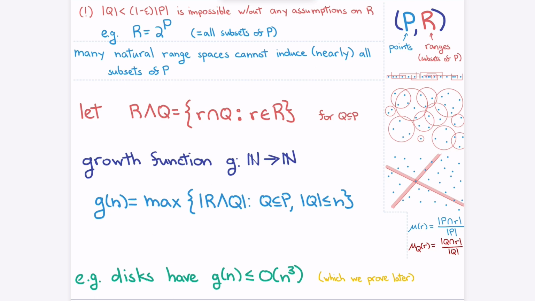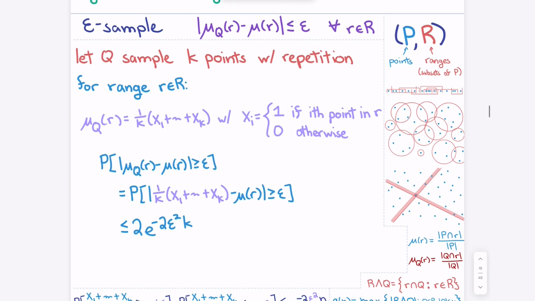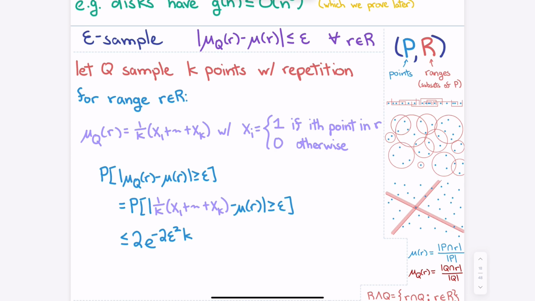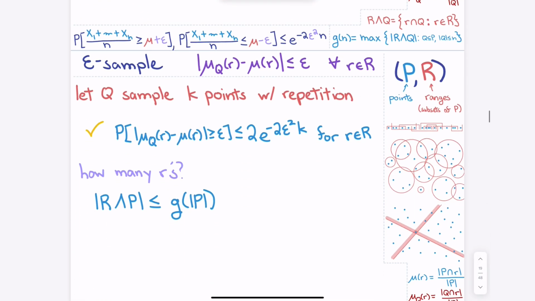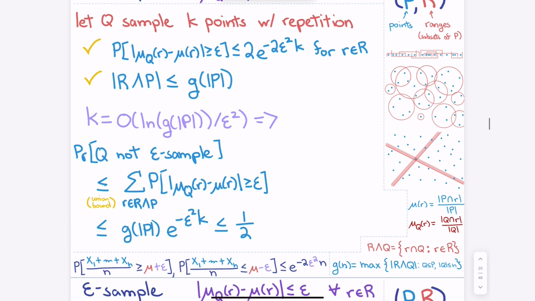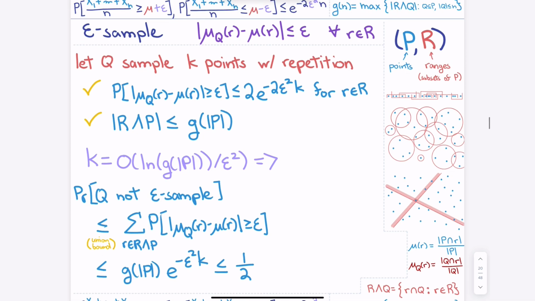Now if you want to start doing epsilon nets and epsilon samples, you can start just taking a union bound over these things. So if I start with n points and I know it's disks, I know there's only n cubed regions, or n cubed subsets, I have to really worry about.